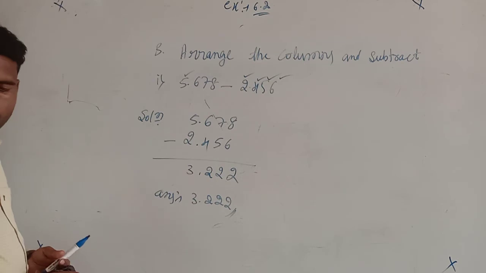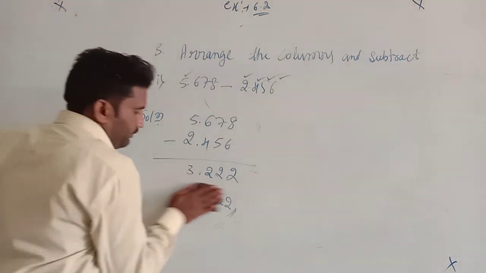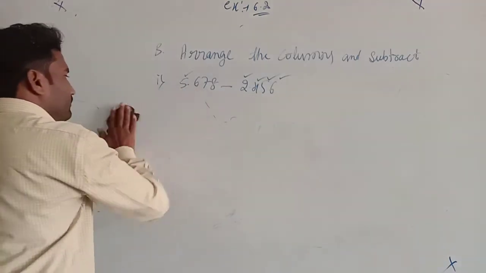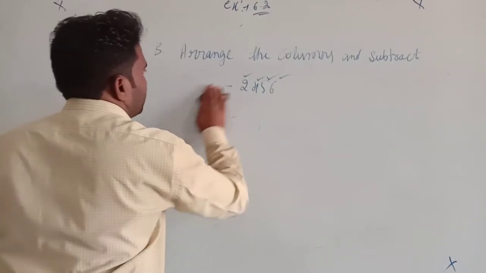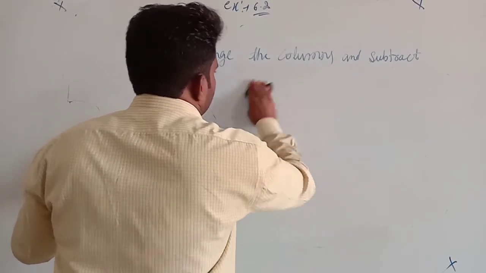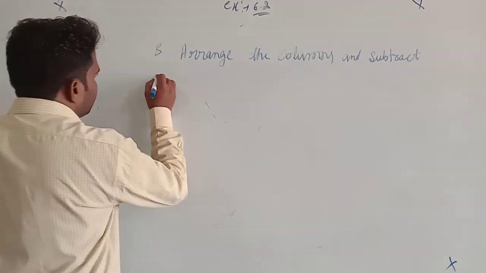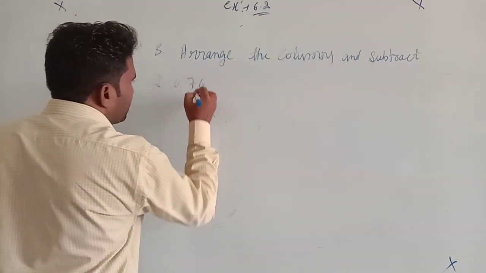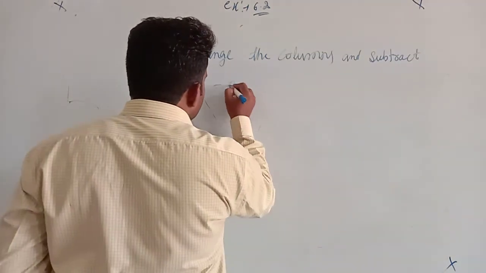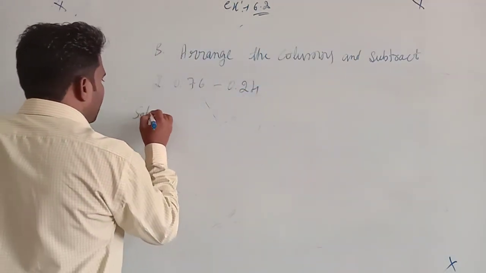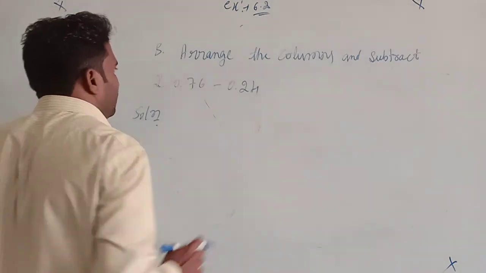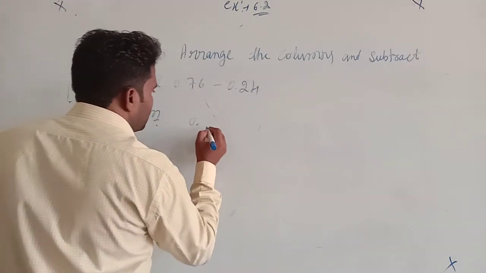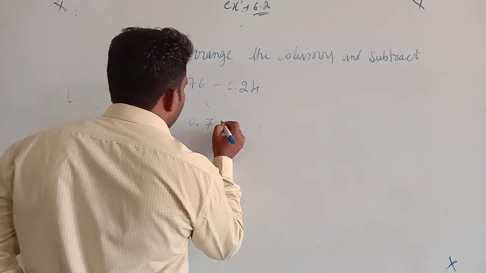Now the second one: 0.76 minus 0.24. So now we should arrange the numbers in columns. 0 is in the ones place, and the point is under the point. 7 is in the tenths place, 6 is in the hundredths place.